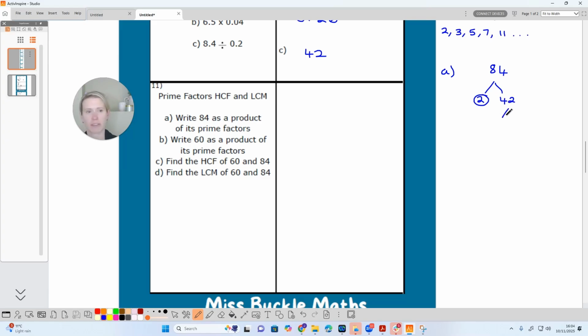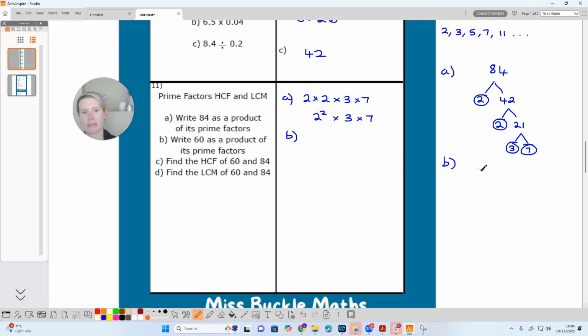That branch doesn't go any further. 42 is 2 multiplied by 21, and 21 is 3 multiplied by 7. So the prime factor decomposition of 84 is 2 times 2 times 3 times 7, which is the same as 2 squared times 3 times 7. They're the products of its prime factors. If you multiplied those together, you would get back to 84.